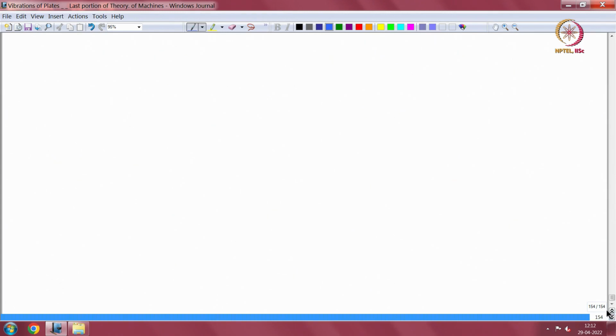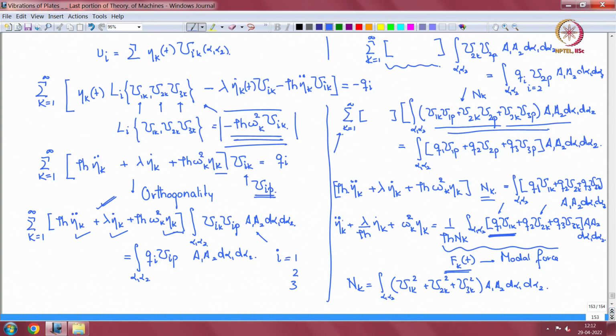Now we have this ODE in time. This is a temporal ODE that has to be solved, and therefore we need initial conditions.